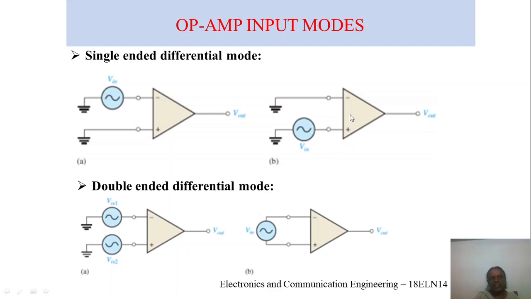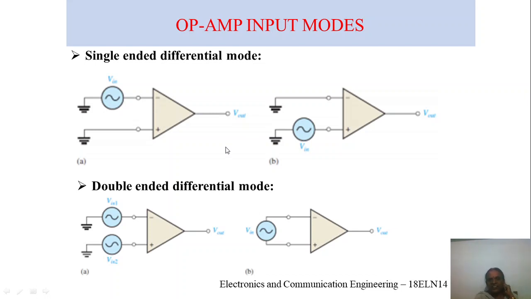So in the operational amplifier, I can give input to both the terminals or to one of the terminals. If I give to one of the terminals, then it is called single-ended differential mode. And please remember that the signal generator positive polarity should be given to the op-amp, whereas negative should be grounded. Similarly here also. Coming to the next type, double-ended differential mode.